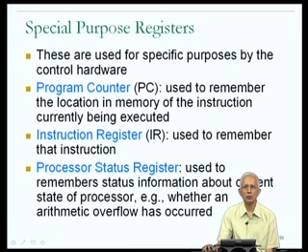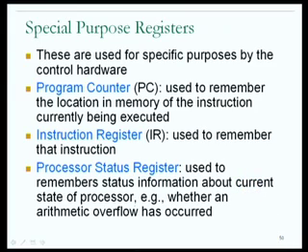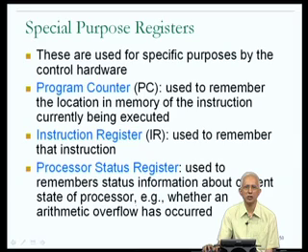As one more example, most processors will have either one or a collection of registers which are used to remember status information about the current state of the processor, and this might be known as the processor status register. What I mean by the current state of the processor could include many different pieces of information. One of the pieces of information might be, for example, just after an arithmetic instruction has executed, there is the danger that during the execution of the arithmetic instruction, an arithmetic overflow may have occurred.